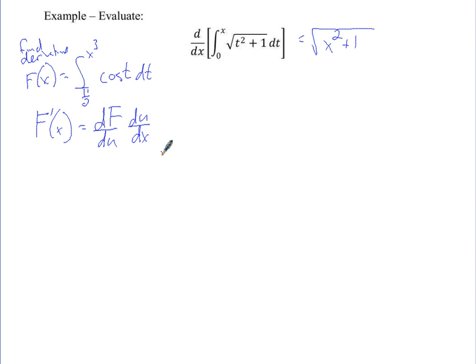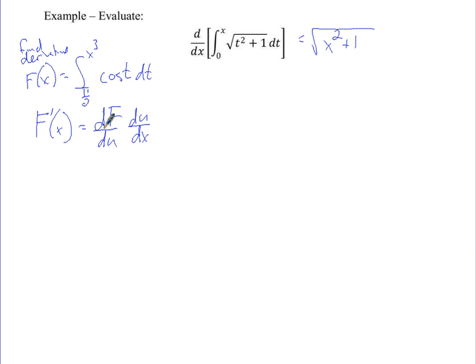Chain rule. Do you agree? This is the chain rule that we're looking at. If I didn't use the chain rule, I'd just have dF over dx, which is exactly what this says right here. Instead of writing just dF over dx, I'm writing this as a chain rule problem, because I have this function sitting right here, which I'm now calling u.